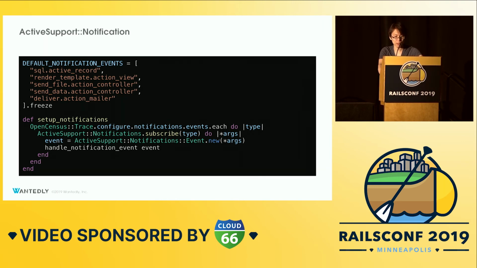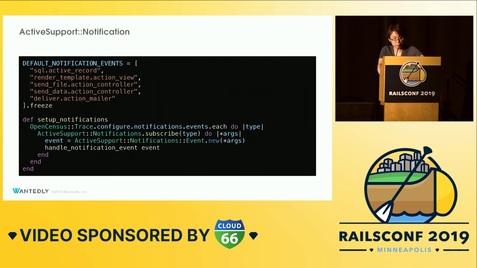Like I mentioned, it instruments some common events inside a Rails app, such as SQL executions, view template rendering, sending a file, email delivery, and so on. This is done using a Rails API called ActiveSupport::Notifications, which allows you to subscribe to certain events and set handlers for events.